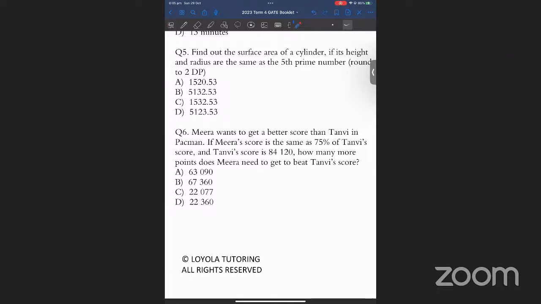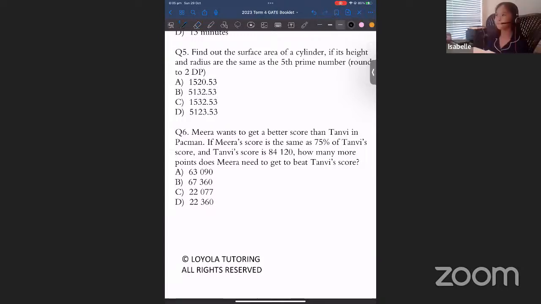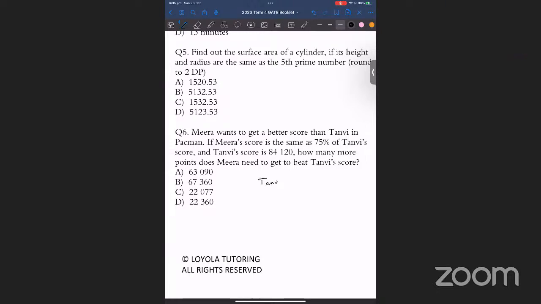I meant, Isabel, if Mira's score is 75% of Tanvi's, and she needs to beat Tanvi's score, what percentage does she need to get now to win? 100.